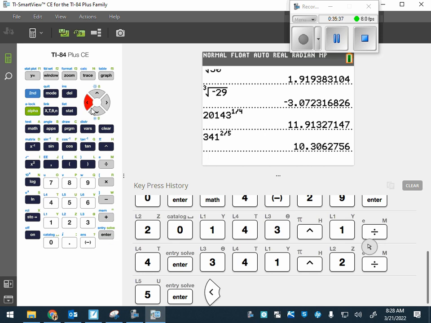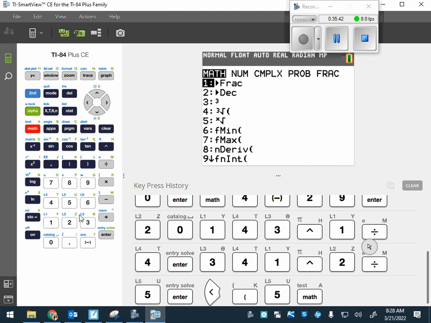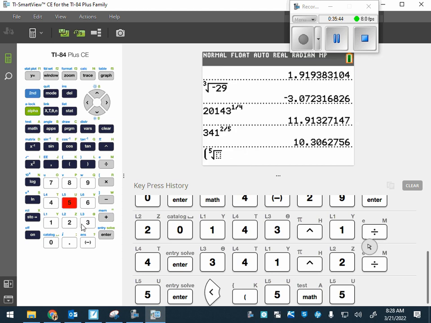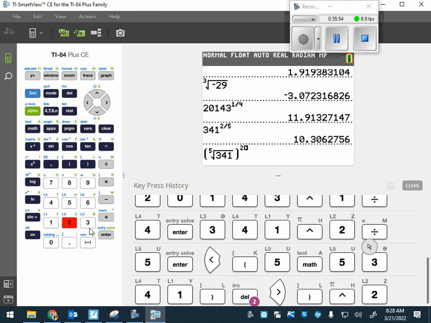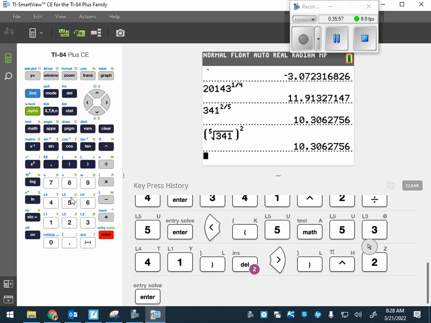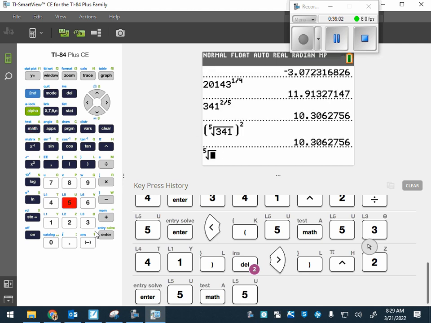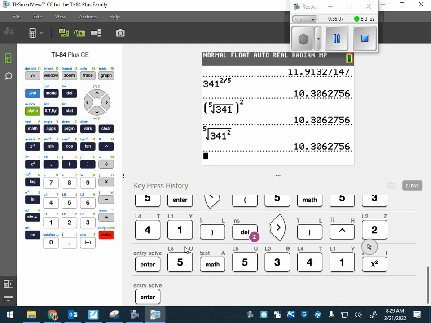This is what it would look like if I did this in radical form. 5th root, 5, 341 squared. Enter. Get the same answer. Okay? So when in doubt, you have your calculators to help.